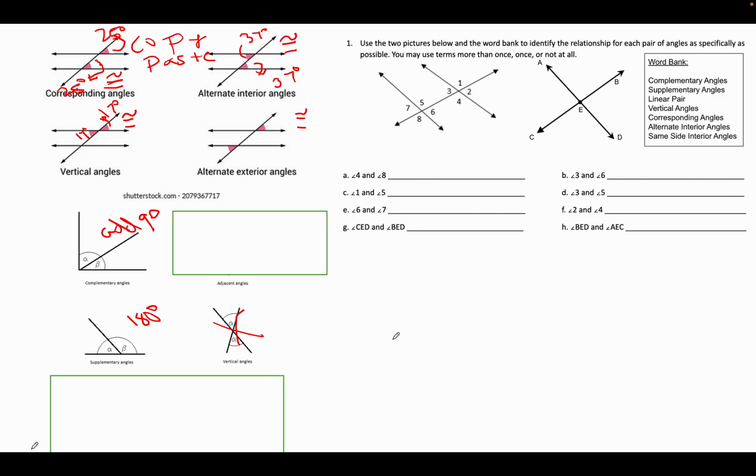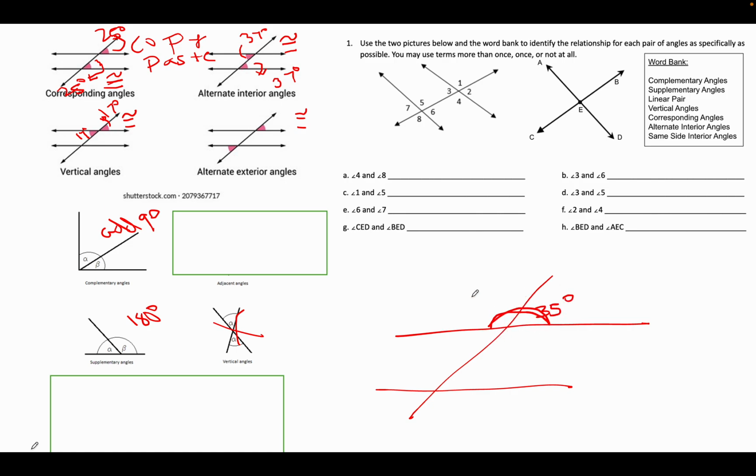So an example of that would be if I had that same little parallel lines cut by a transversal. If this angle was 35 degrees, these are supplementary angles or linear pairs because they add up to 180.